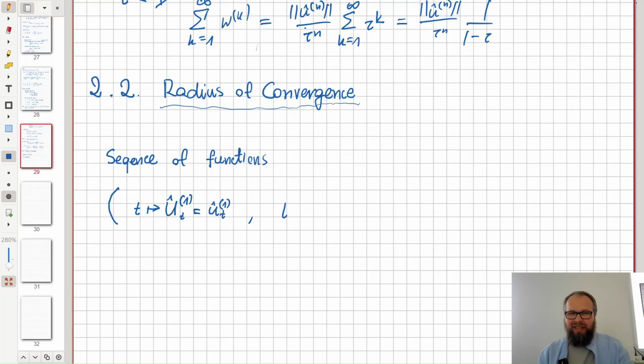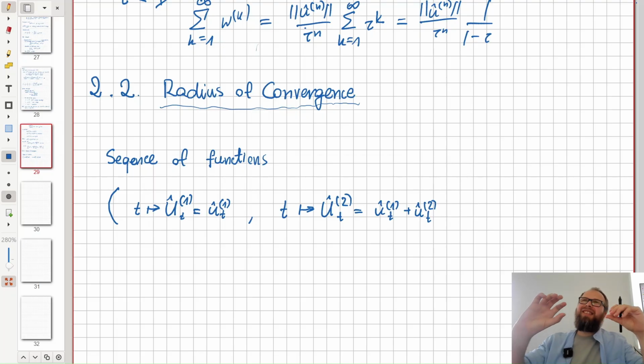Okay, the next term in the sequence will be U2(t), which would be U1 plus U2. So I'm creating this because we are talking about series, which is a sum of terms, and we take a limit of increasing the number of terms in the sum.